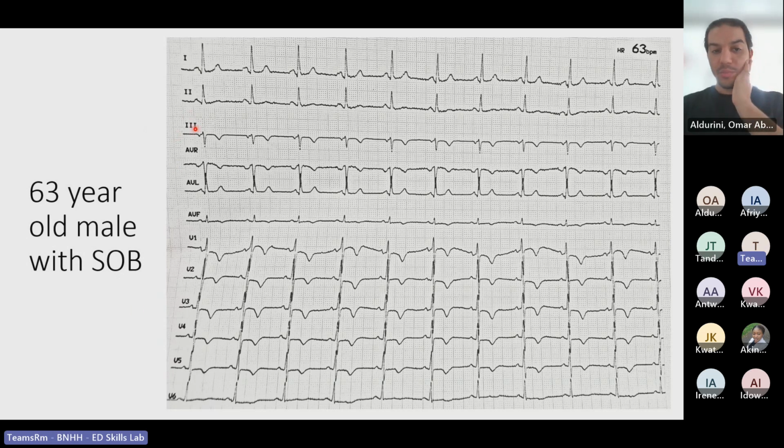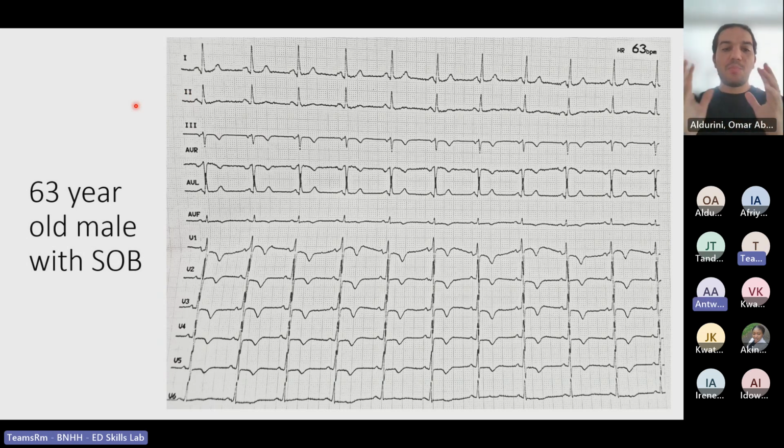Each lead represents or gives us a picture of the electricity of the heart. If there is a change in one picture that is accompanied by another picture or another lead in the same area, then we cannot ignore this change.